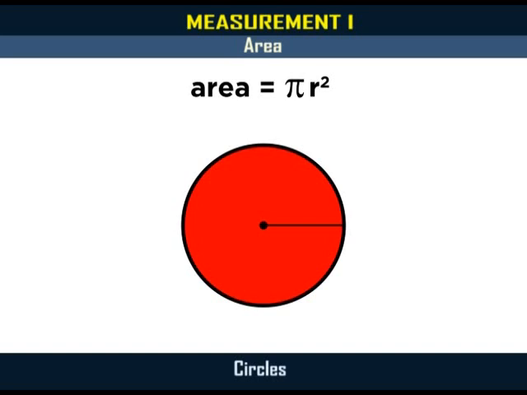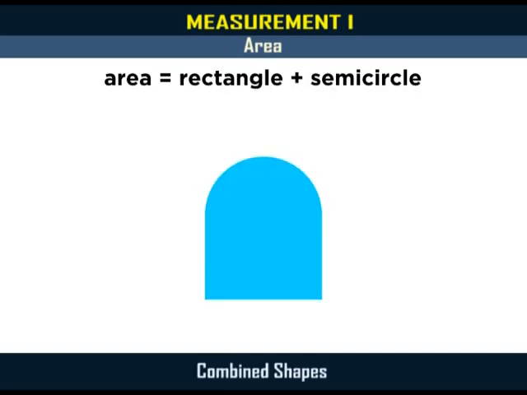With circles, area is given as pi times radius squared. For a circle with radius 3 meters, the area will be 28.26 meters squared. Knowing this, we can calculate more areas of irregular figures, like this with a rectangle and a semicircle.